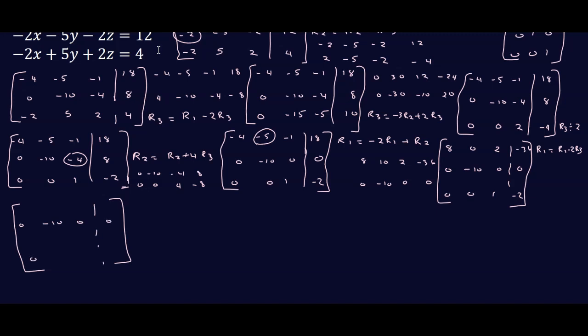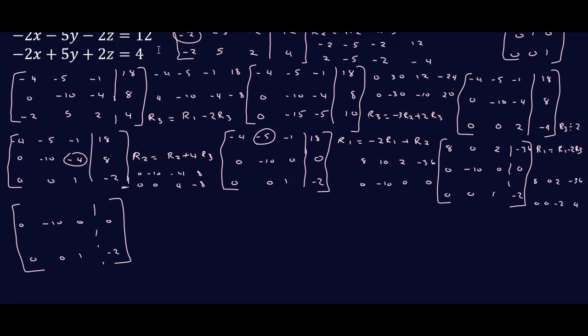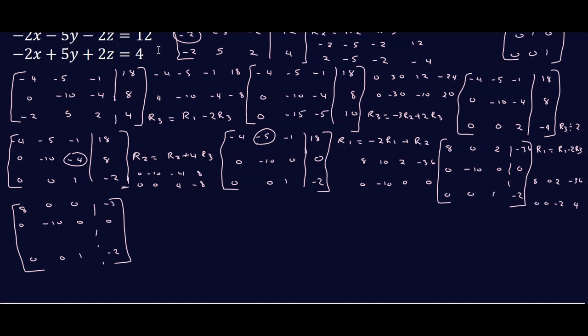Row 3 is 0, 0, 1, -2. And so now let's go with row 1 is 8, 0, 2, -36. -2 row 3 is 0, 0, -2, and then 4. So what you now have here is 8, 0, 0, and then we have -32.